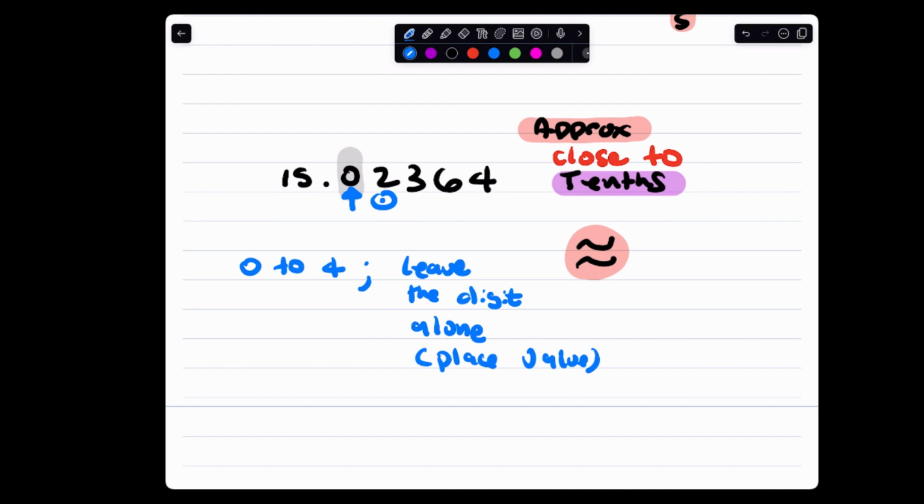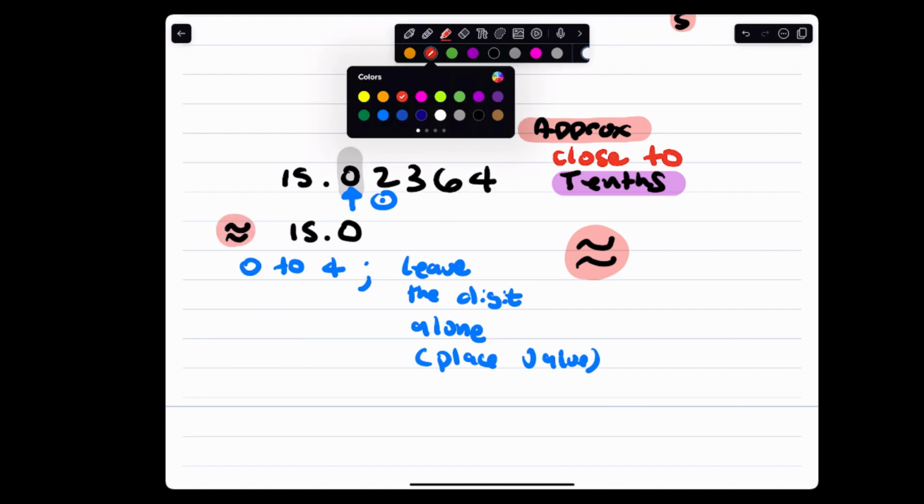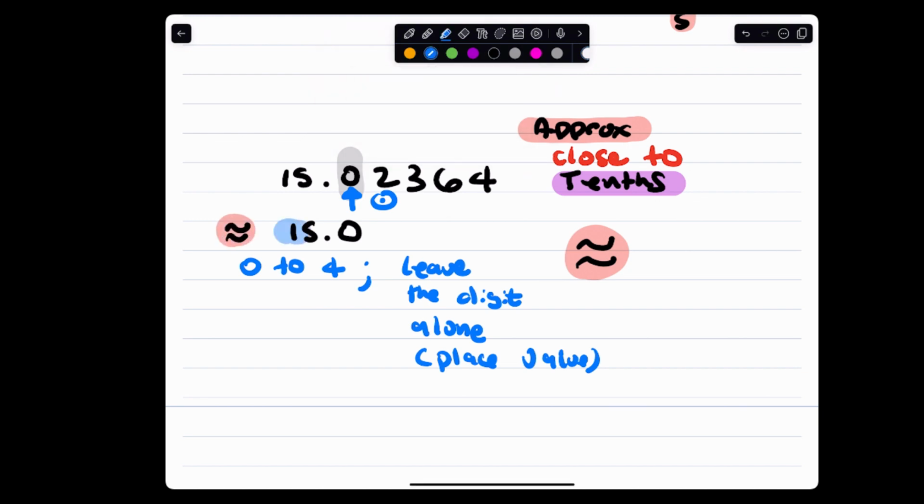So if that's the case, and it is, we got a 2, then we leave it alone. And ladies and gentlemen, the approximate answer here is going to be 15.0. So this is how we go about this.